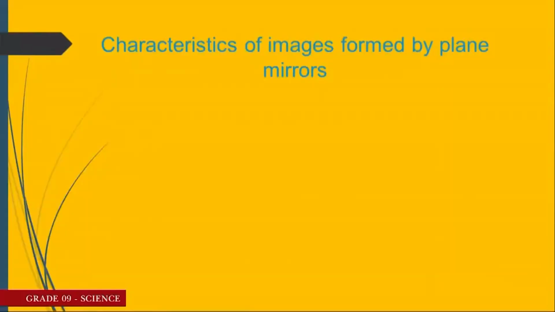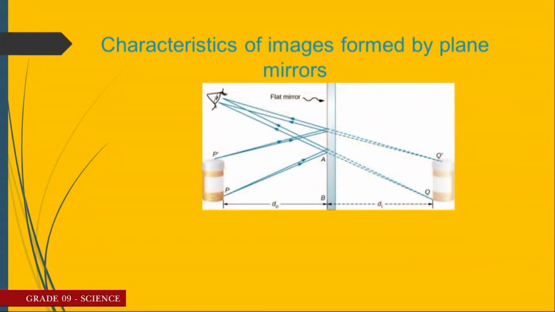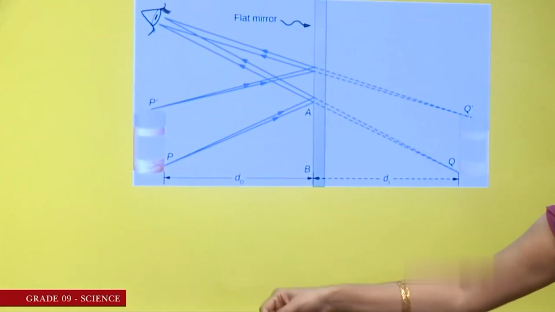So, let us move on to the characteristics of images formed by plane mirrors. Here you can see an object is in front of a plane mirror. This is the plane mirror and this is the object in front of it.